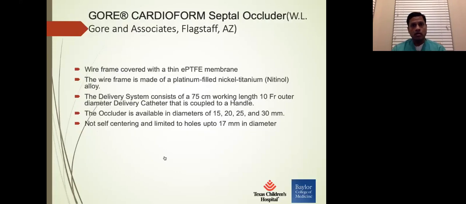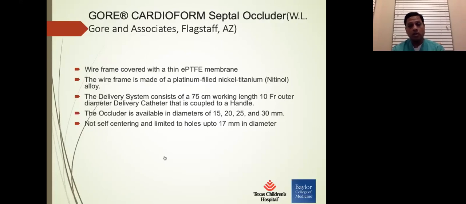The other, as we talked about, is the Gore Cardioform septal occluder, which is a wire frame covered with a thin PTFE membrane. The delivery system is about a 75 millimeter catheter, and it goes through a 10-French sheath. It is available in 15, 20, 25, and 30 millimeter sizes.